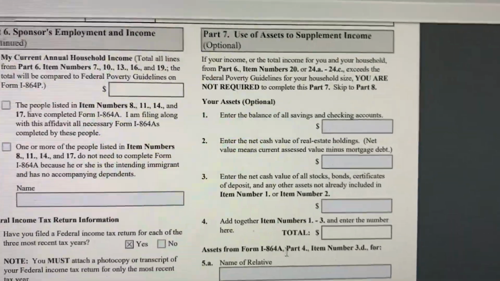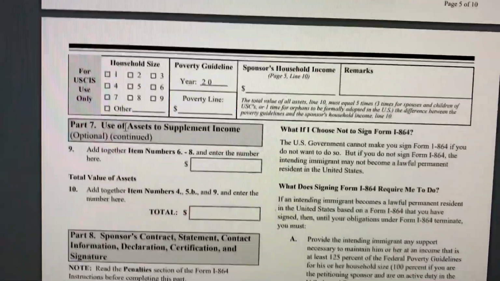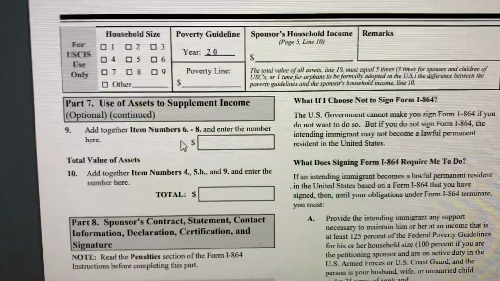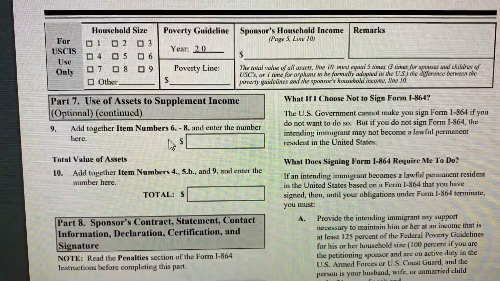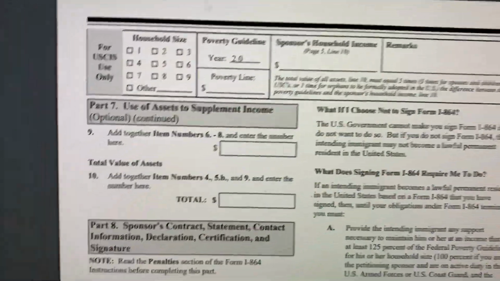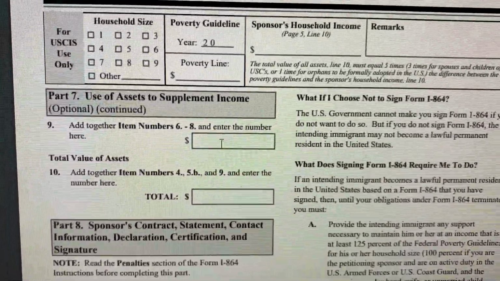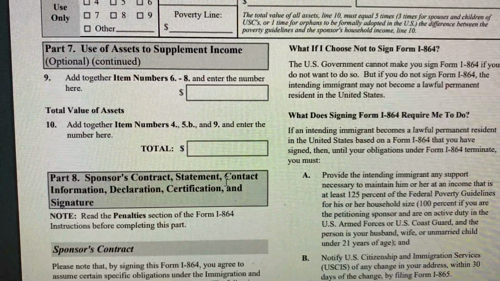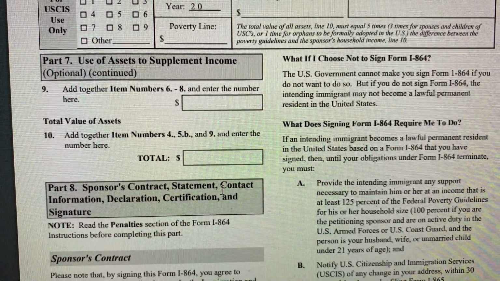We exceeded the poverty line, so we didn't need to put anything in it. So again, you don't have to follow me. This is just a guide, okay? I'm not responsible for any inconvenience in the future if you didn't read the instructions carefully. So yeah, let's continue.